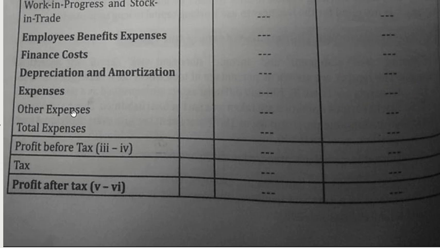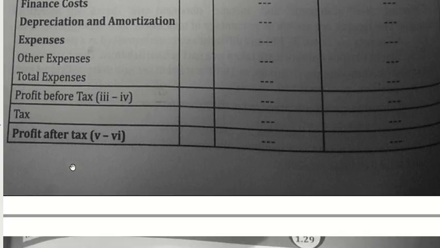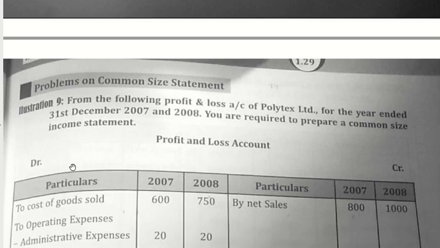Now when you take total revenue minus total expenses, you get profit before tax. When you subtract your tax, you get your profit after tax.